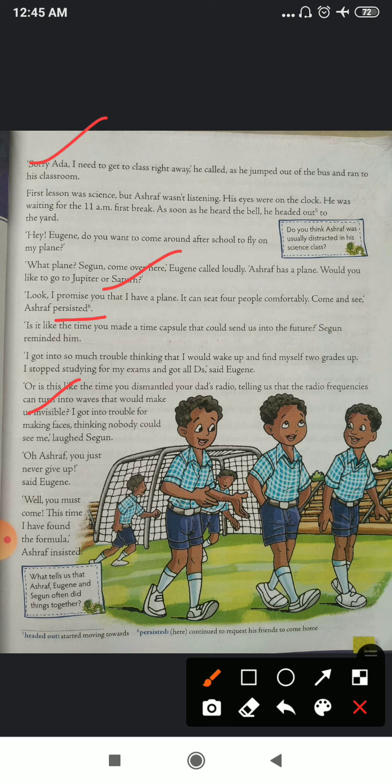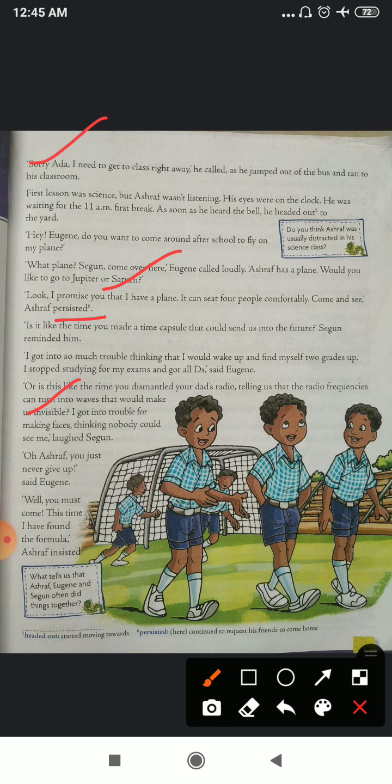So what did Ashraf tell Sigan and Eugene at that time? That he had made some radio wave frequency which can turn them invisible. So at that time they both made different kinds of faces, because they thought that no one was seeing them. But what happened? They were visible to everyone, everyone could see them, and all just made fun of them as well.